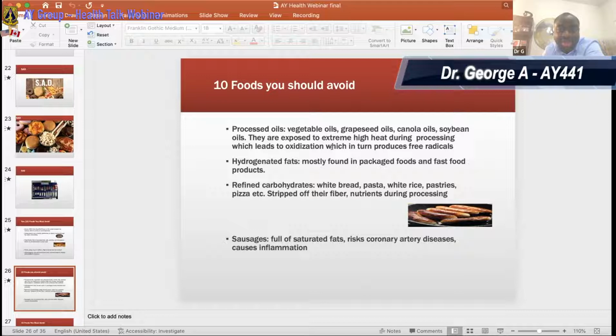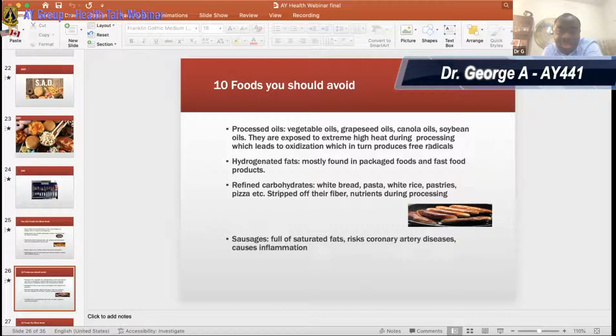So right now, what's good in the market is the olive oil, and sometimes coconut oil is good, even though it's very high in saturated fat, but still it's able to withstand the heat.